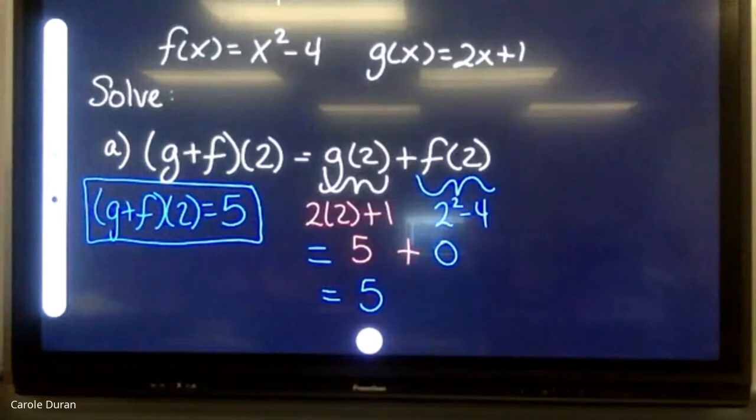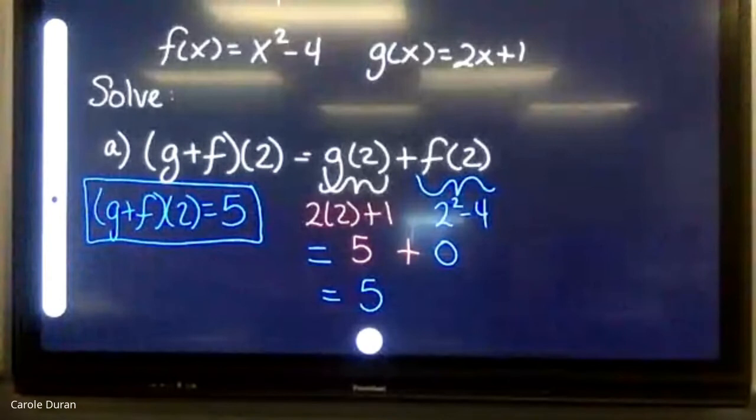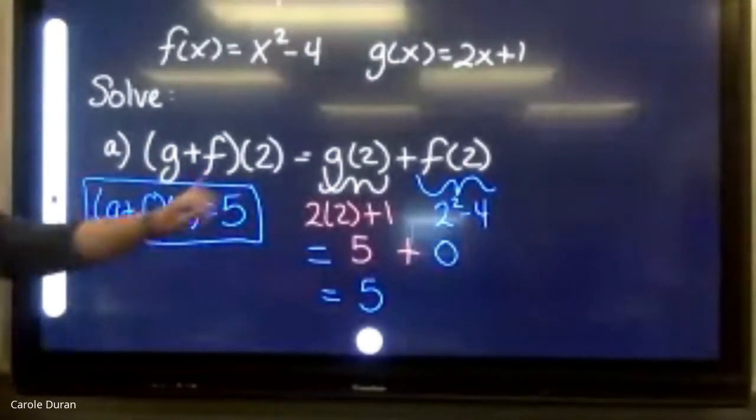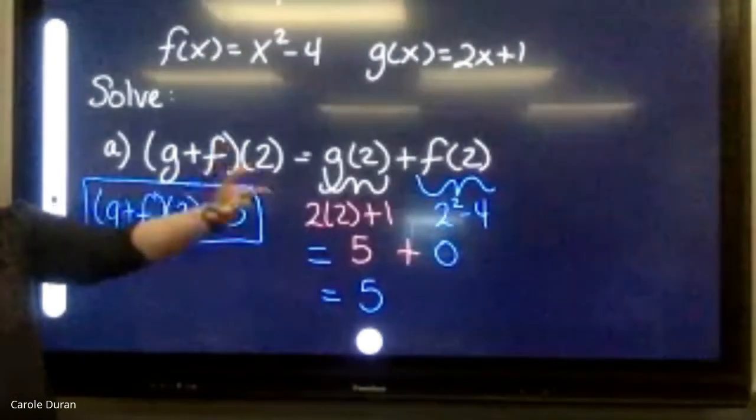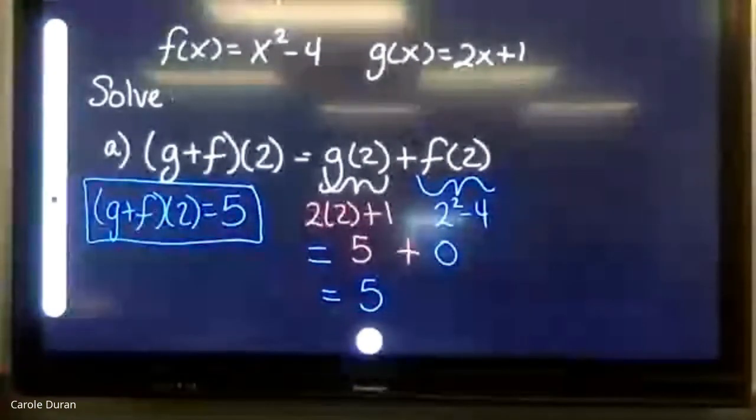Makes it nice and neat. Anybody super confused by that? So is that the domain there? We don't have a domain for this one because I had a specific x value I was plugging in. We only do domain if what's left in here is an x or the variable that we're working with. That's a great question. Ready for another one?